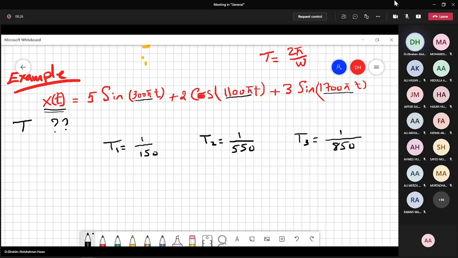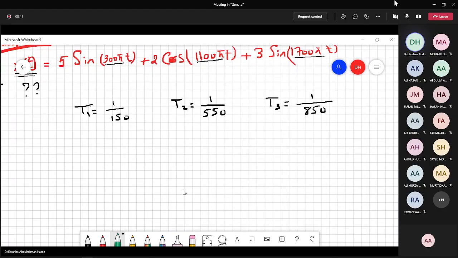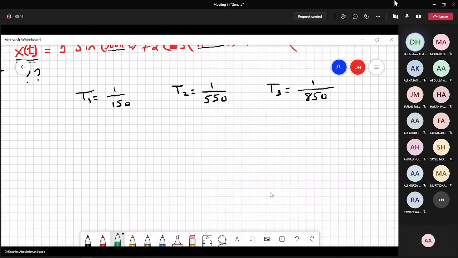But at the end, I don't want to find only T1, T2, T3, I want to find T, the overall period. How to find it? You can do the same thing as we did in the previous lecture, seeing that this is repeating itself: 2 over 150, then 3 over 150, 4 over 150, and so on.